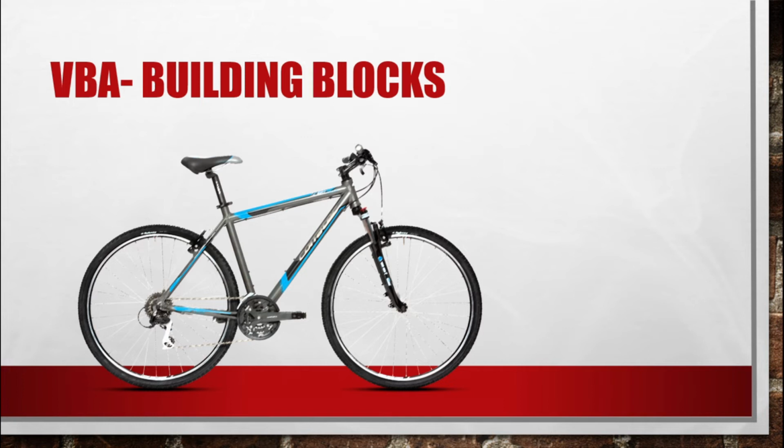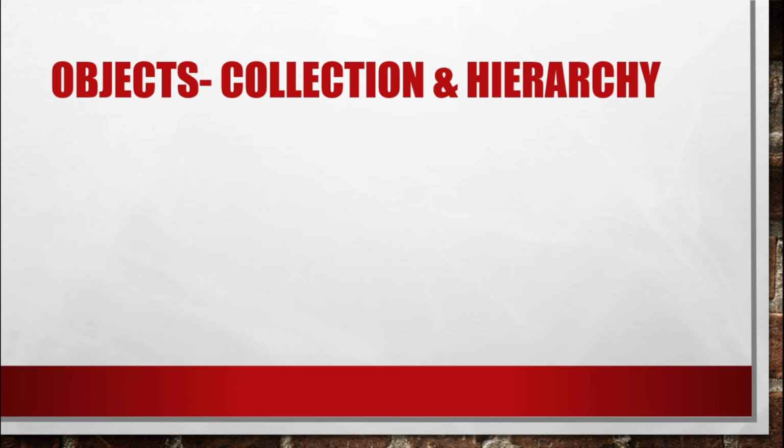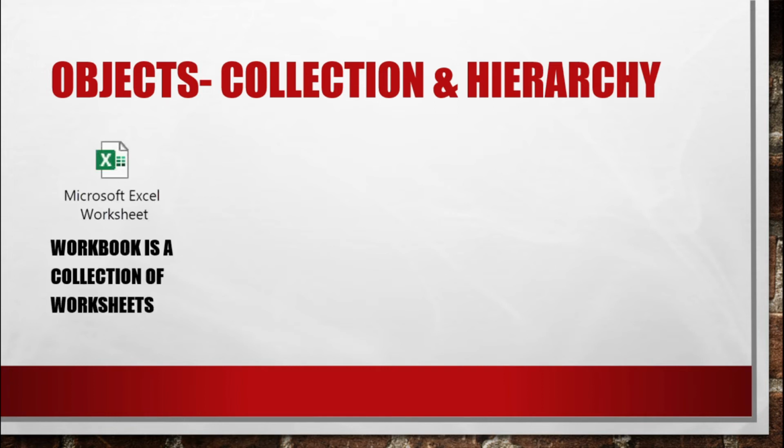Okay, let's move further. The last important concept that we can see is the collections and the hierarchy. When you open a workbook, you will see different sheets: sheet 1, sheet 2, sheet 3. The workbook is the collection of the different worksheets.